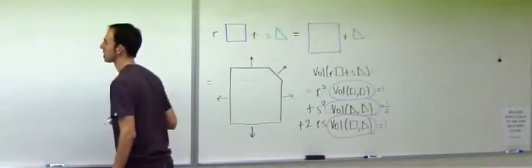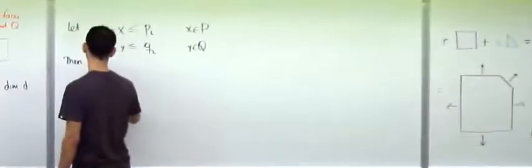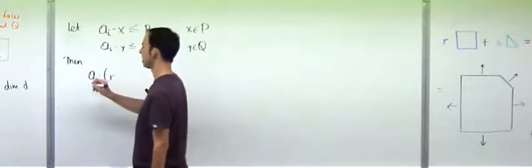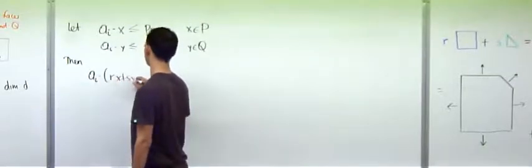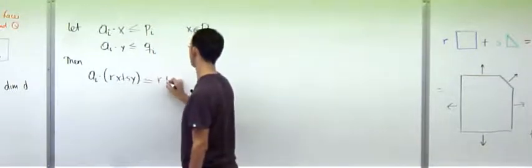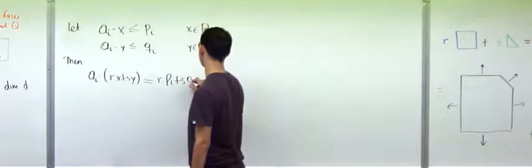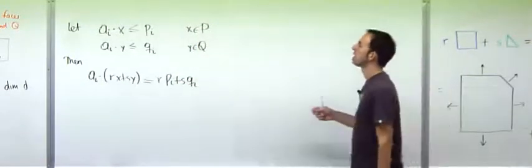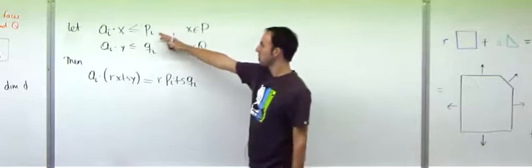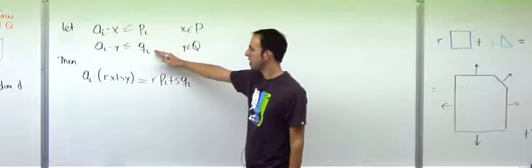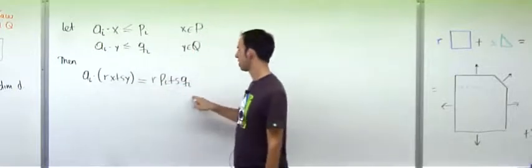Then by the previous argument, I just kind of repeat. If p_i is the maximum value of a_i in P, and q_i is the maximum value of a_i in Q, then the maximum value in this polytope is given by this formula.